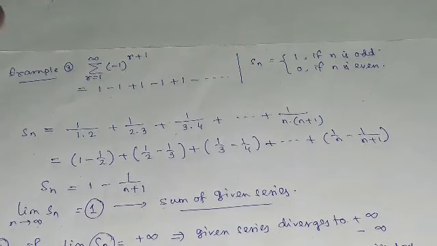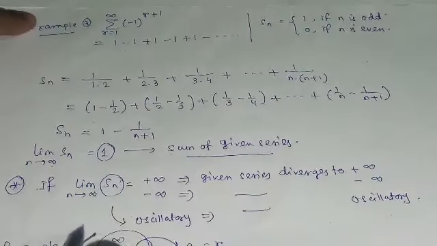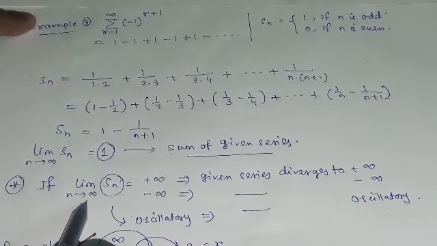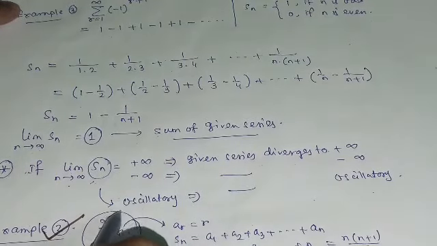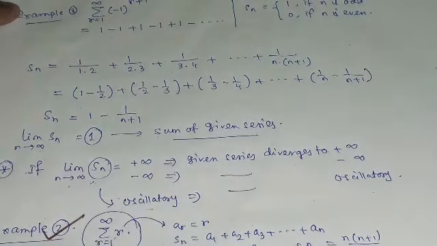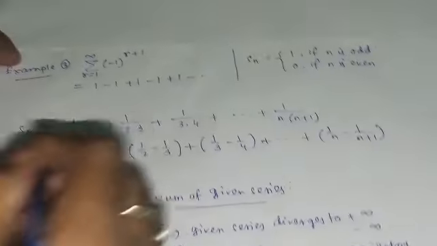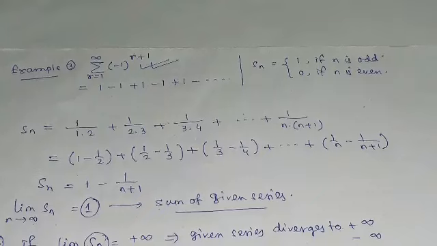So by our discussion, since this Sn is oscillatory, immediately we can conclude that our given series is also oscillatory. In fact it is oscillating finitely.